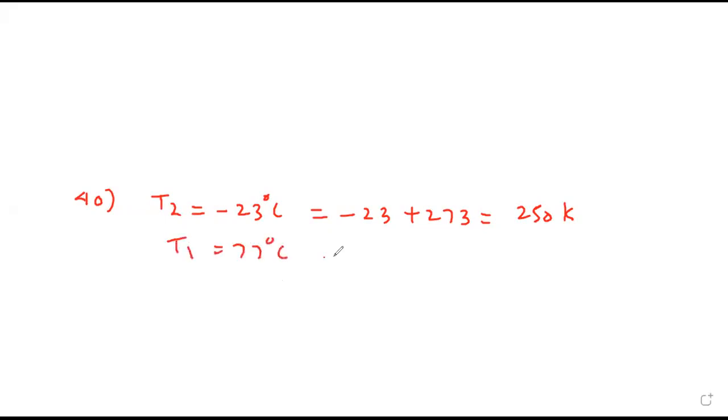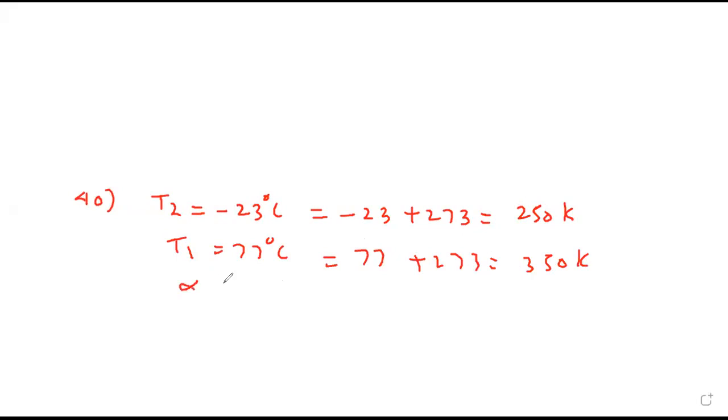In a mechanical refrigerator, the low temperature coils are at minus 23 degrees Celsius. So T2 is minus 23 plus 273, that will become 250 Kelvin. The compressed gas in the condenser has a temperature of 77 degrees Celsius. 77 plus 273 is 350 Kelvin.